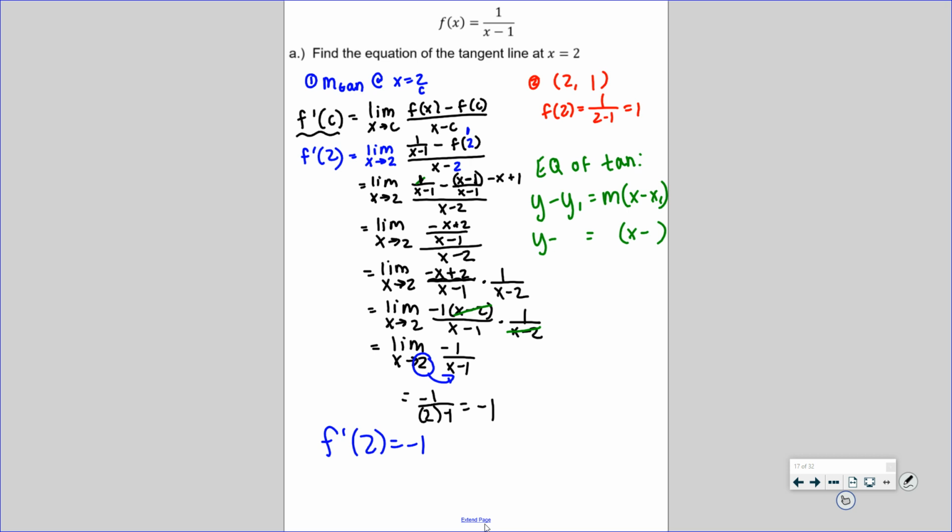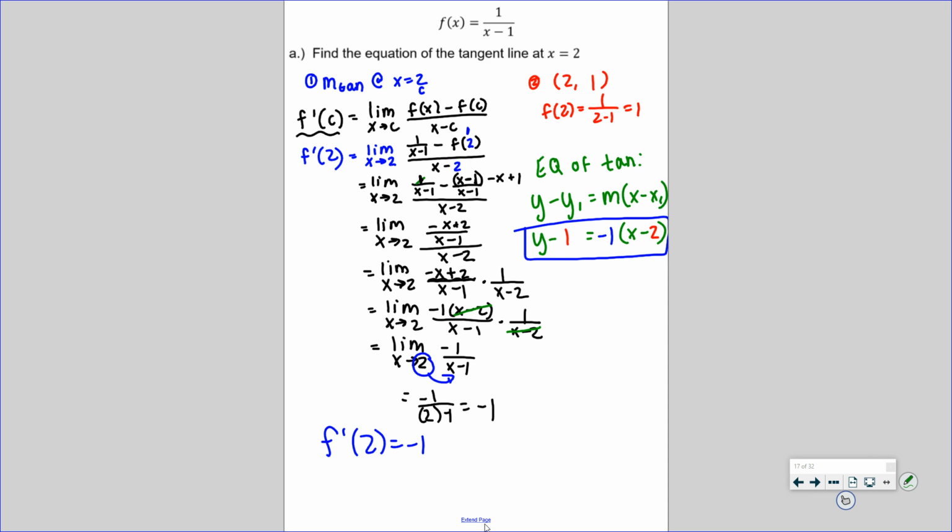Okay. x1, y1, that's my point. So I have the point 2, 1, and the slope is negative 1. And the AP exam lets you just leave your answer like that. You don't have to go any further. You don't have to put it in slope-intercept form. You can if you want to, but you don't have to.